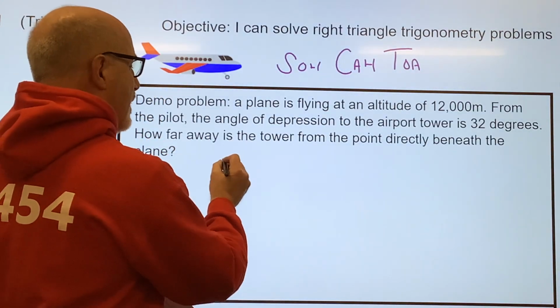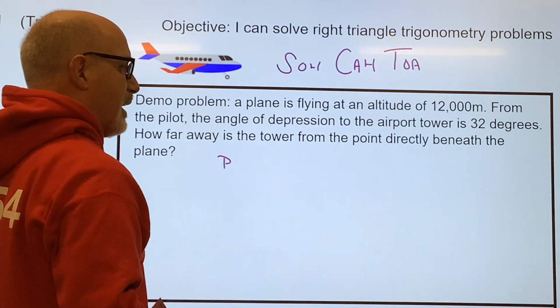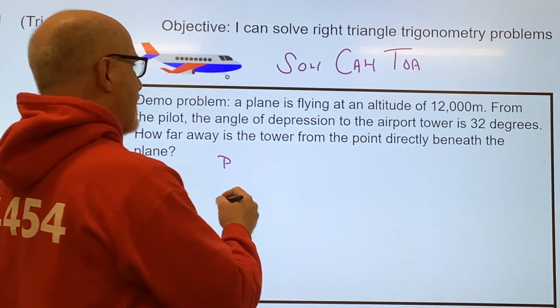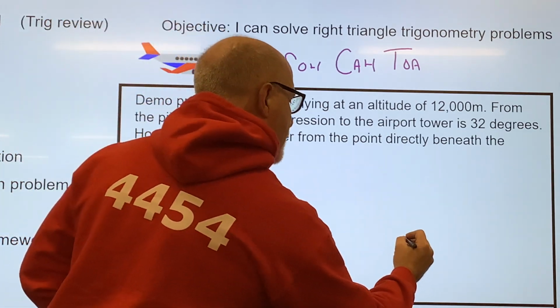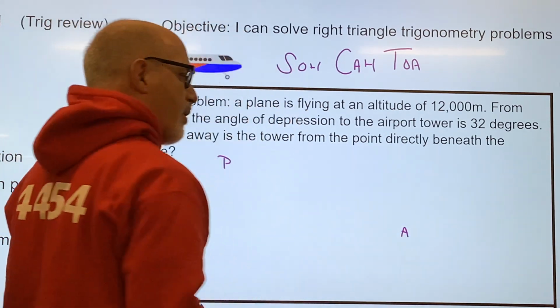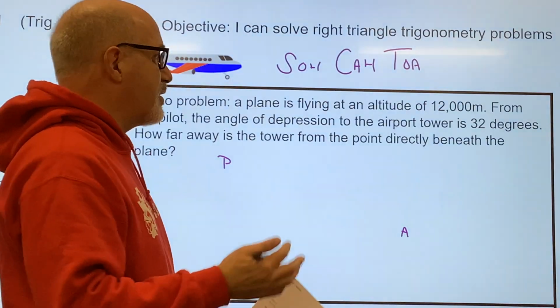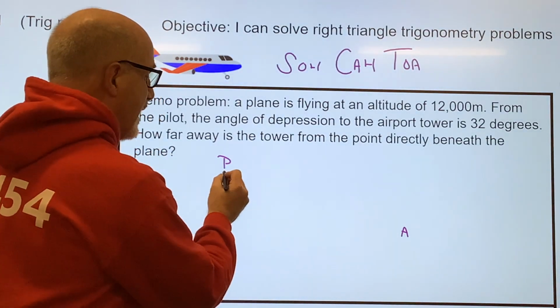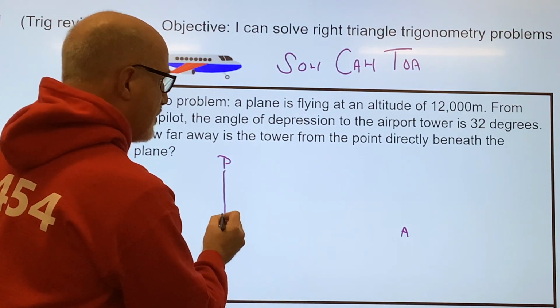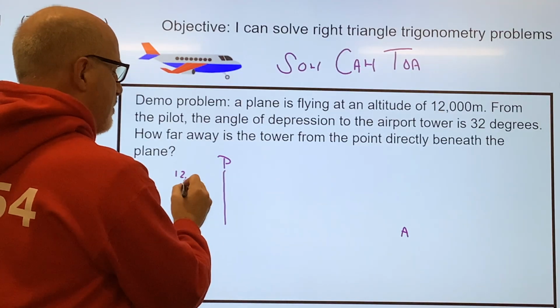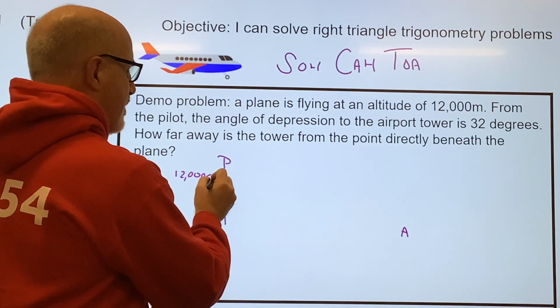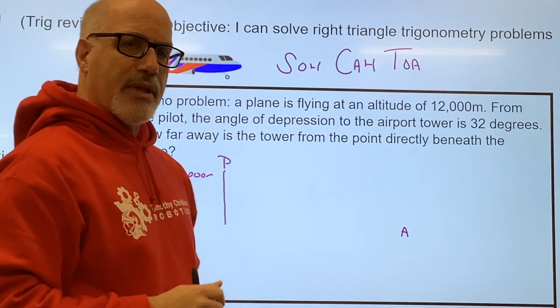So if we've got a plane up here, I'll put P for plane, and then down here we've got the airport tower. I'm just going to put A for airport tower. The plane is flying at an altitude of 12,000 meters, so that's how high up the plane is.